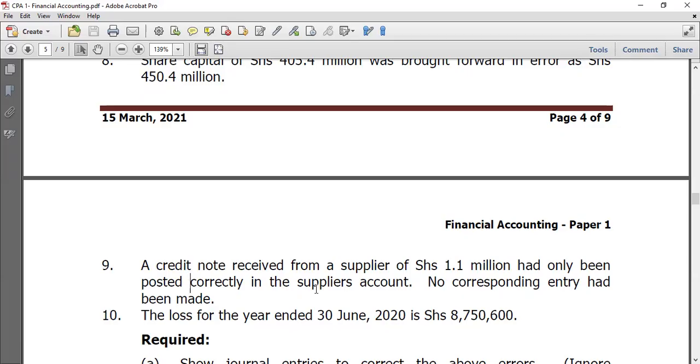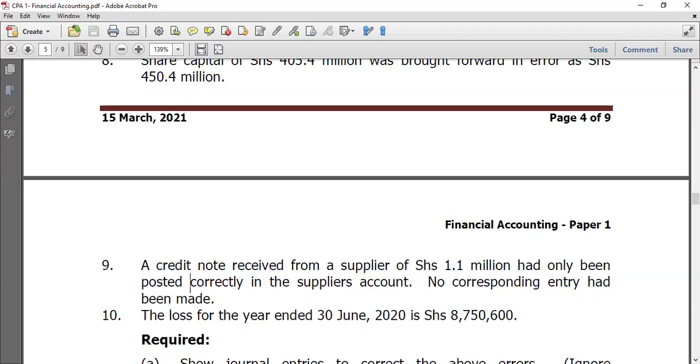Because when you return back goods to your supplier, it means that goods are faulty, so a supplier will give you a credit note, okay? So the corresponding double entry here is we should have posted the 1.1 also in the return outwards account, which some other people may call the purchase returns, okay?